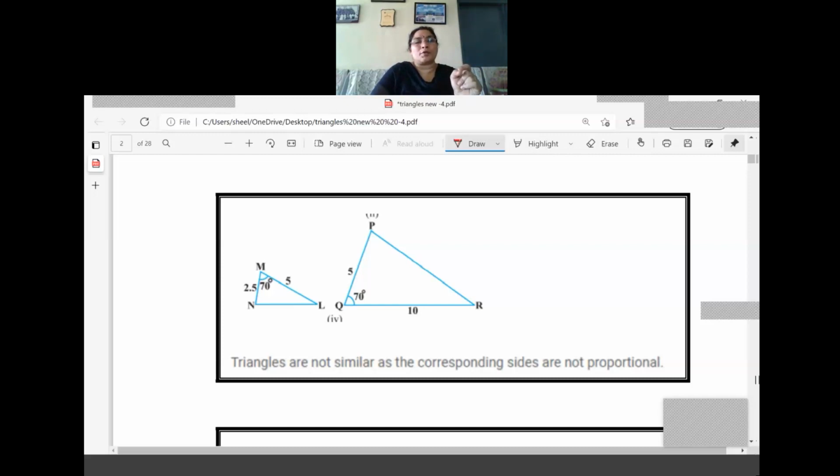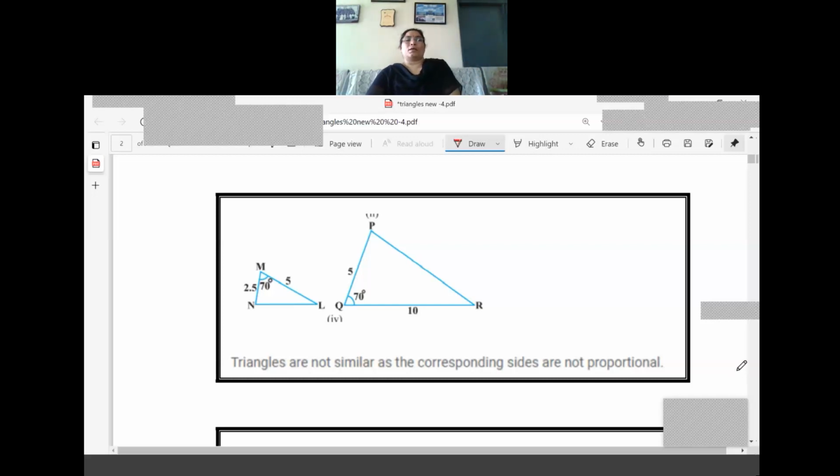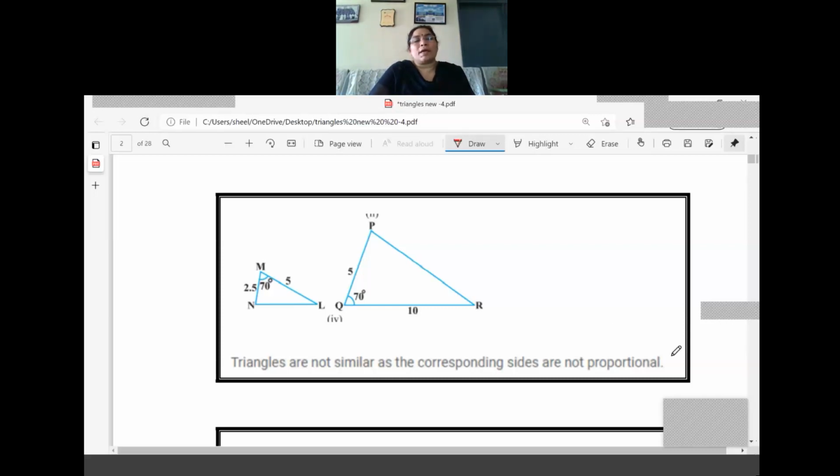MN equal to 2.5 and PQ equal to 5, right? The angle is 70 degrees. So MN by PQ is 2.5 by 5. Then ML and QR.